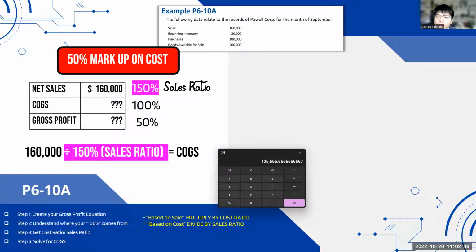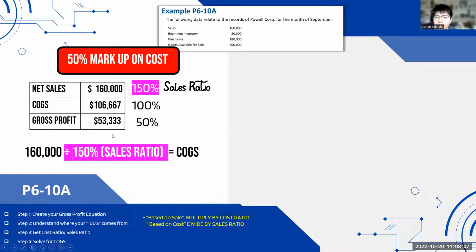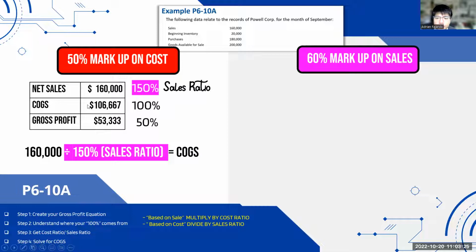So now our cost of goods sold is 106,667, right? So just round up. And 50% of that is your gross profit, just 53,330. So if you add your COGS and your gross profit, it will add up to 160. What is 100%? 106. 50% of 106 is 53,000. 150% of 106 is 160,000. So again, we were able to get our cost of goods sold, right?